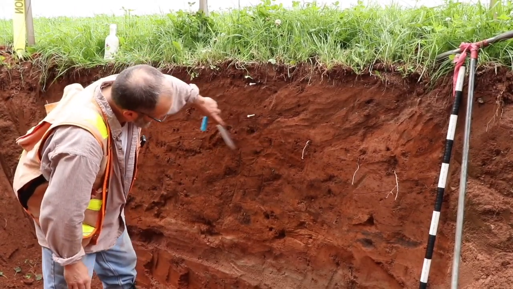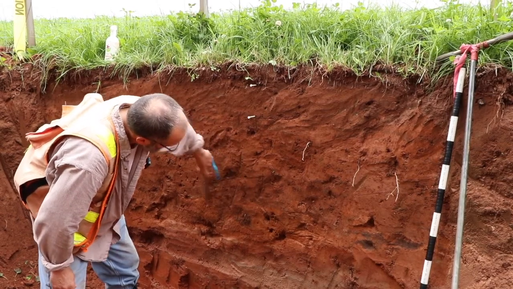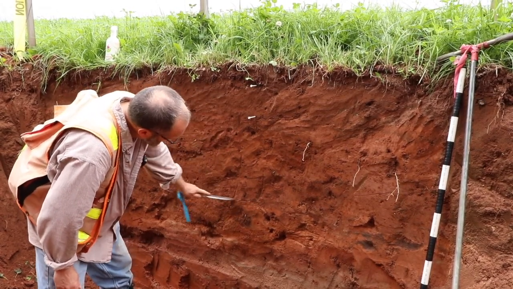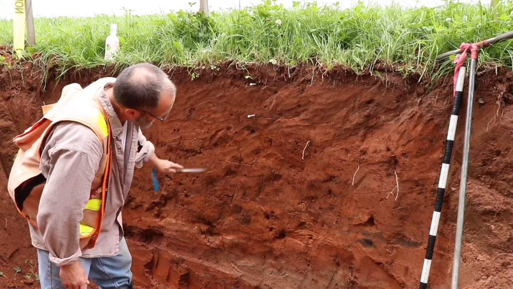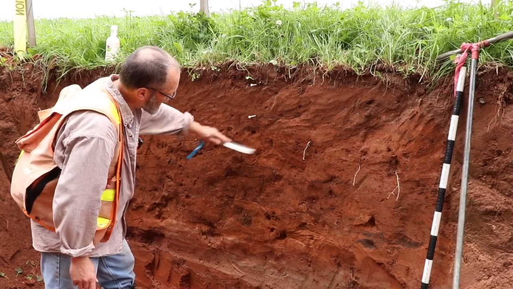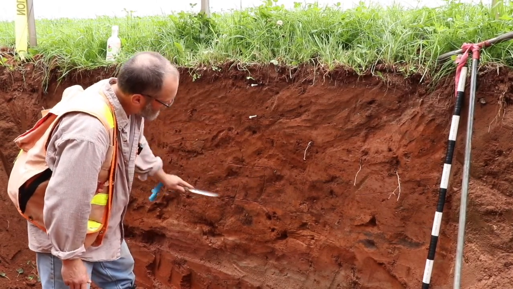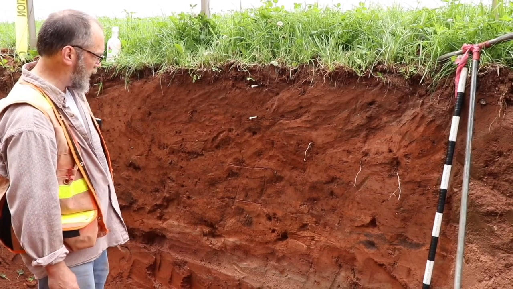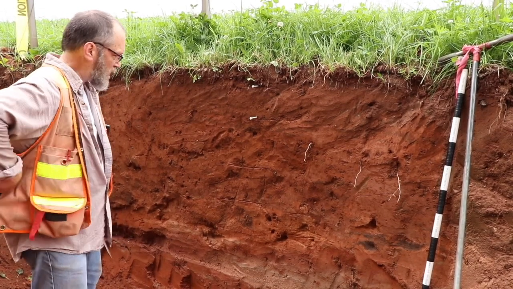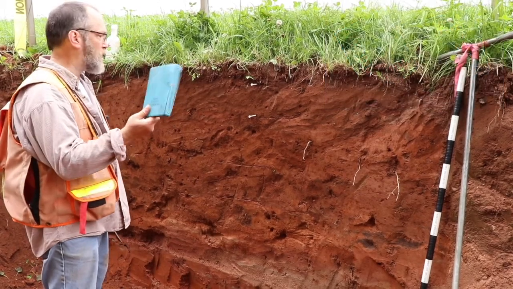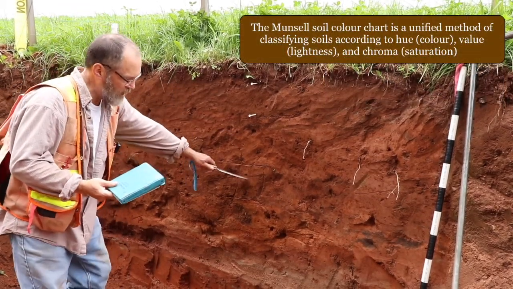So this area here is a little bit redder than this area here. It's subtle, and sometimes that's the case. That's a parent material influence again. Very subtle changes between these two horizons, but it's there. And if you use a color chart, like one of these Munsell color charts, you'd be able to quantify that color as being different than that.